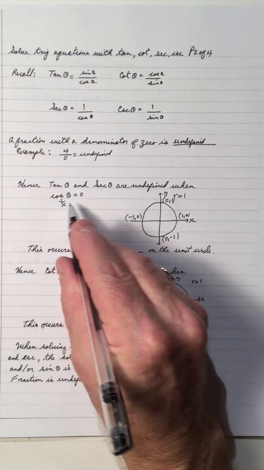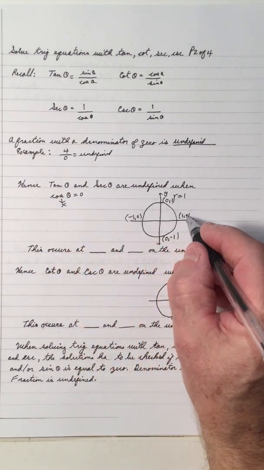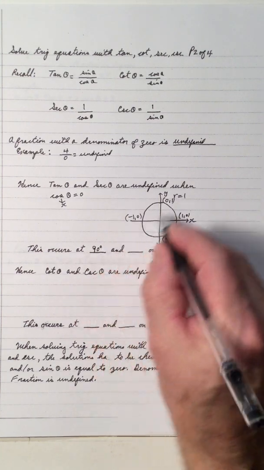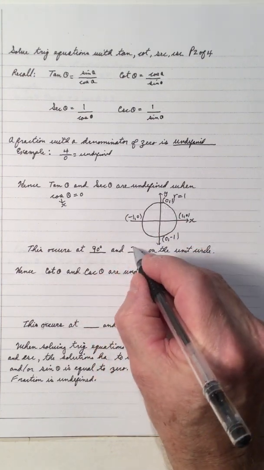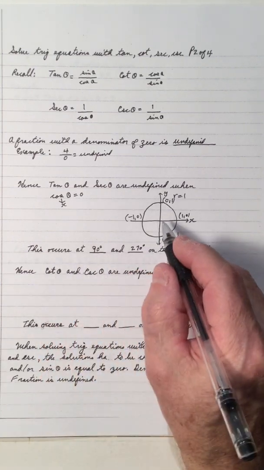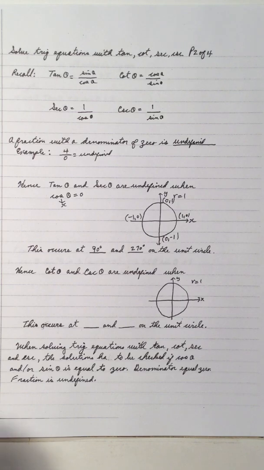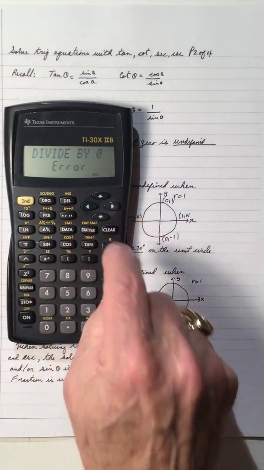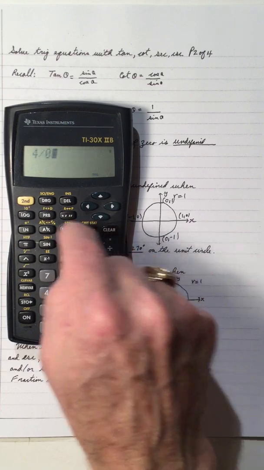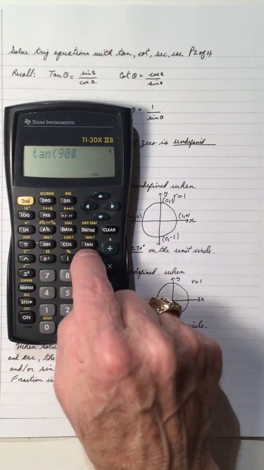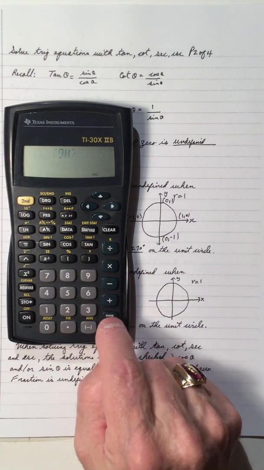So cos is 0 when x is 0, and that occurs at 90 and at 270. Let's check with the calculator again, the tan of 90 degrees, and see if it's undefined.